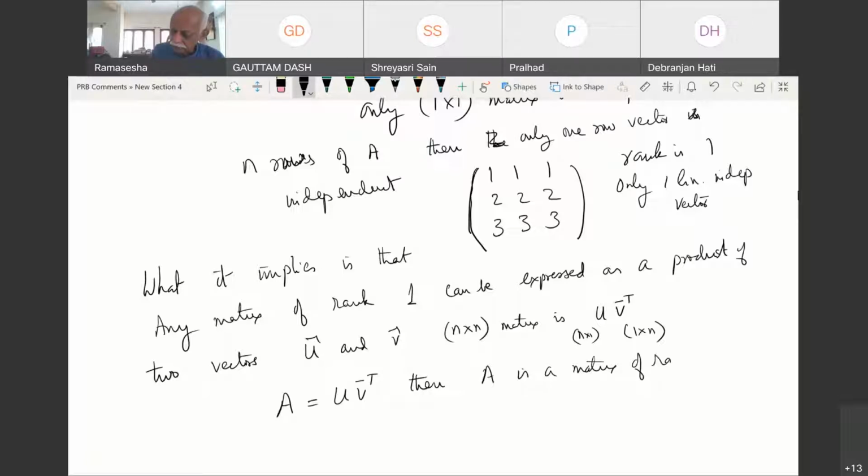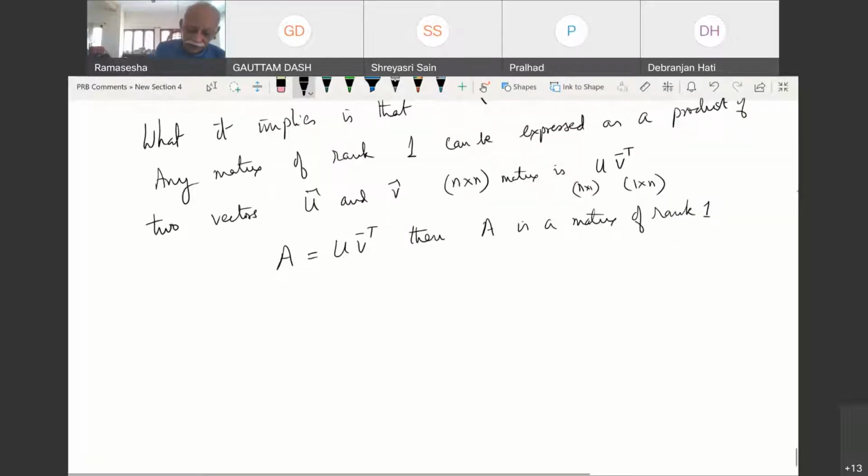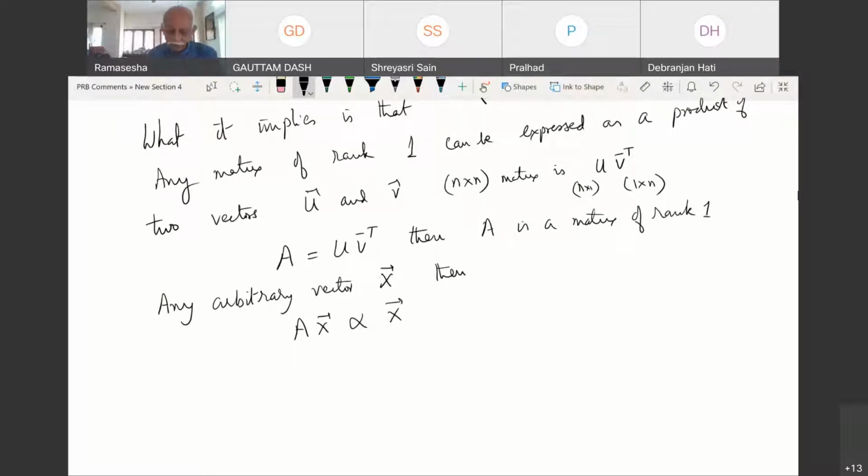To be a matrix of rank 1, one thing you should know is what happens when it acts on any arbitrary vector x.